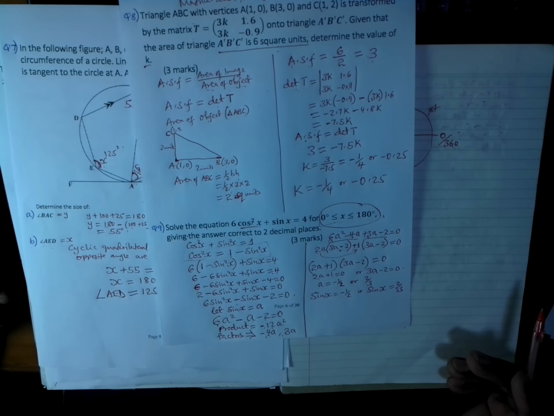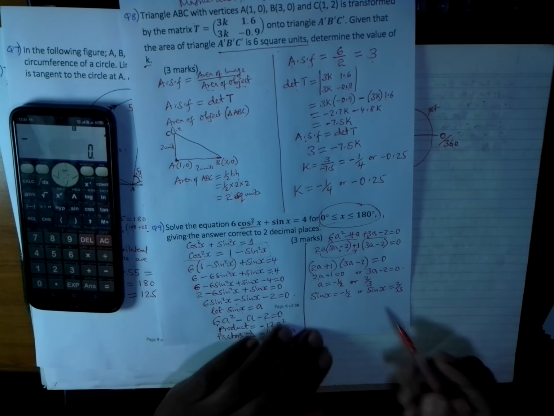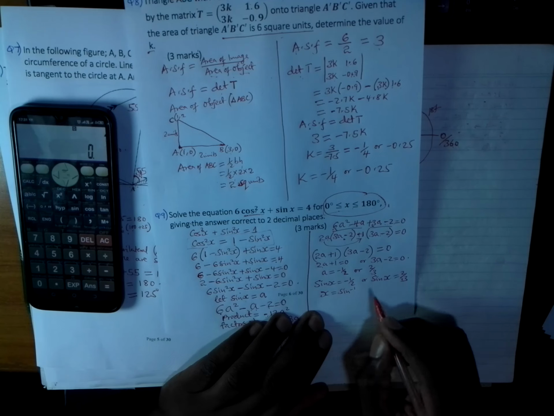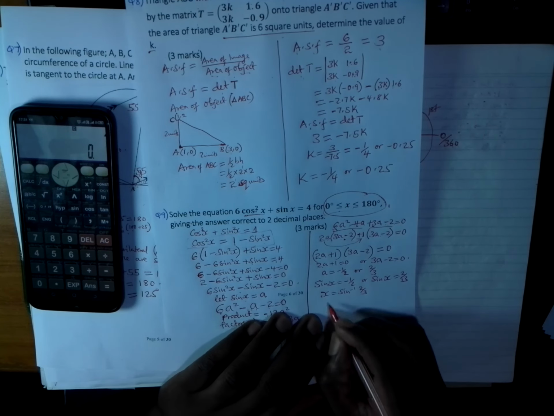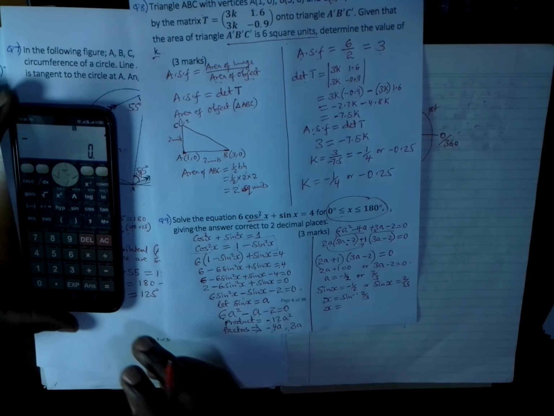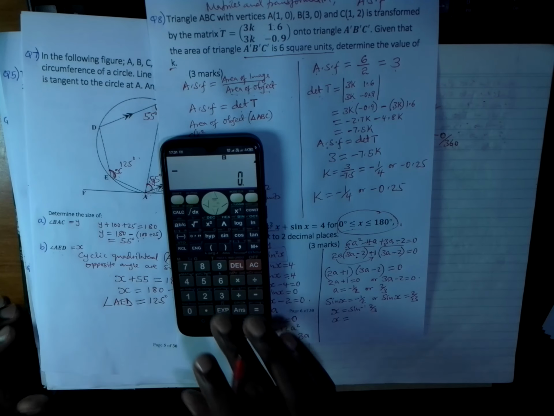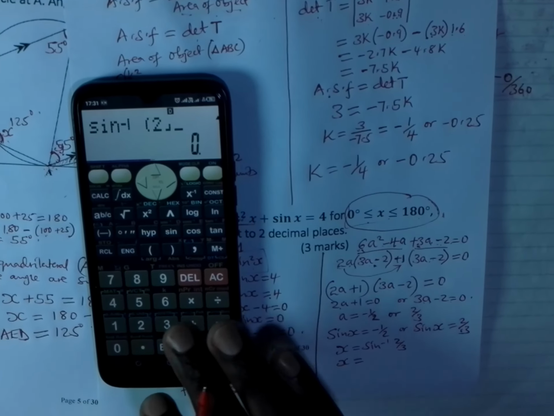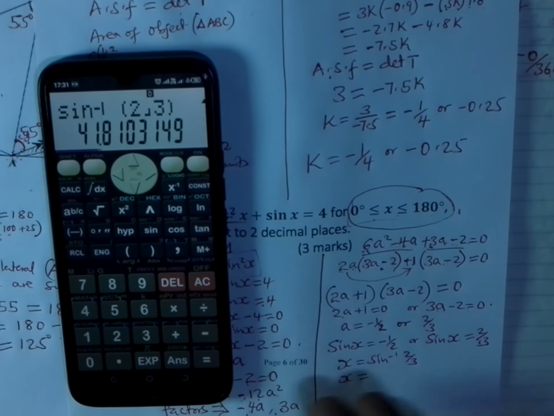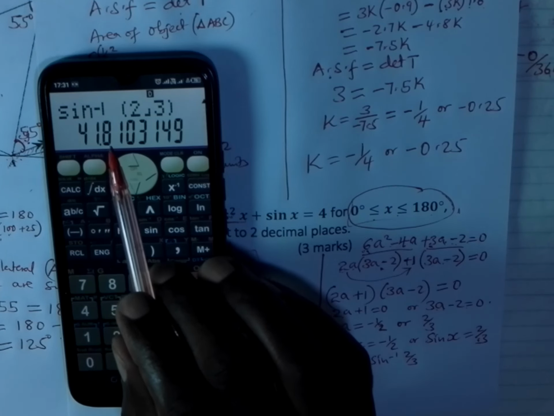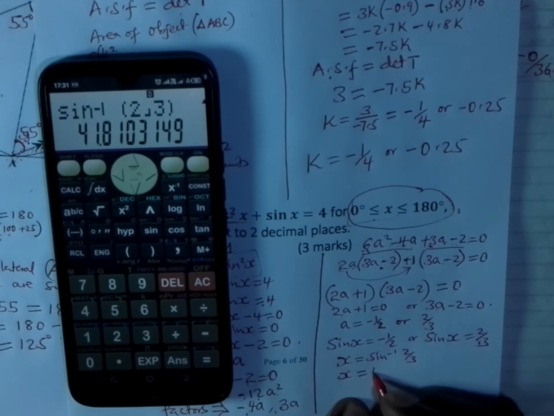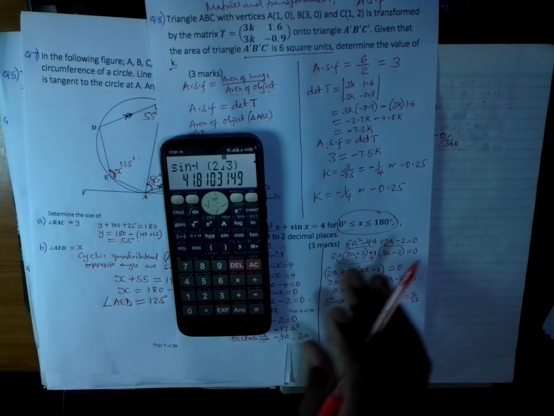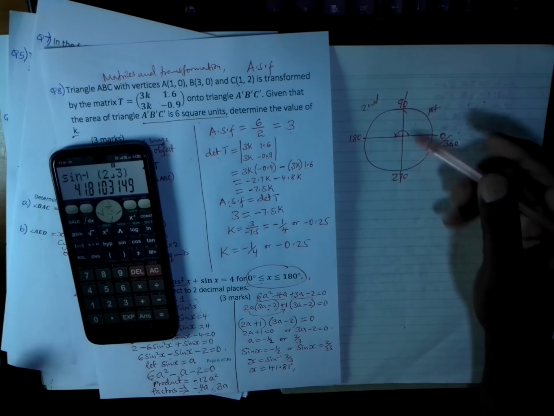So if we do that, therefore x will be sine inverse of 2/3. If we work it out, sine inverse of 2/3 is 41.81 degrees. So this is the acute angle in the first quadrant.